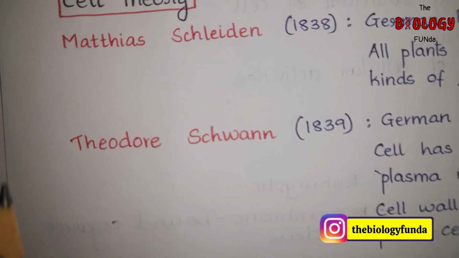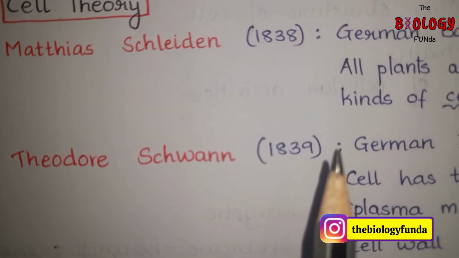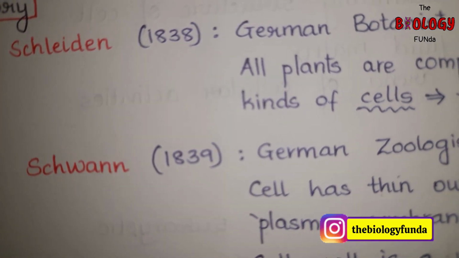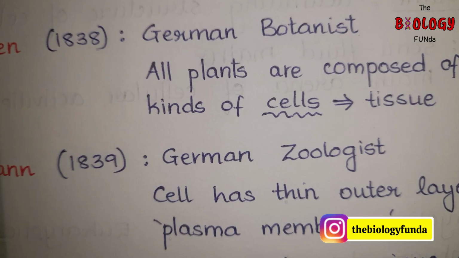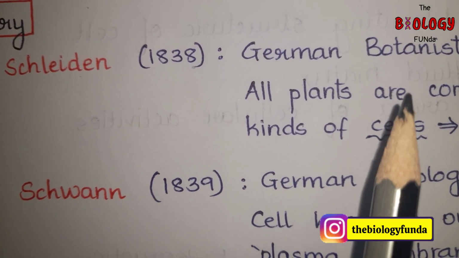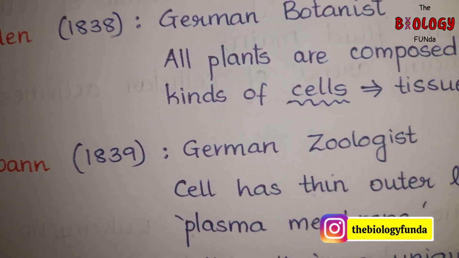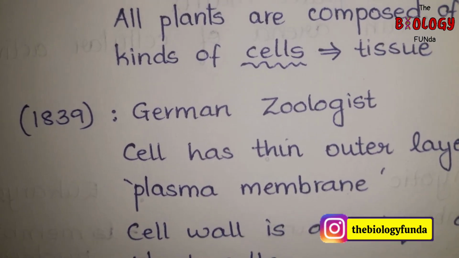Then after 1 year, there was another scientist, Theodor Schwann. He studied the animal cell. Schleiden studied the plant cell and gave this information. Since Schwann was a German zoologist, he studied the animal cell.